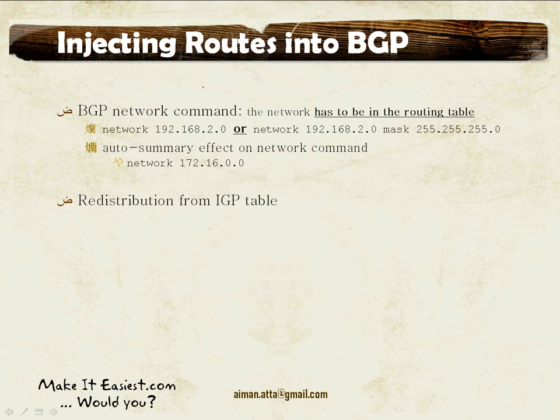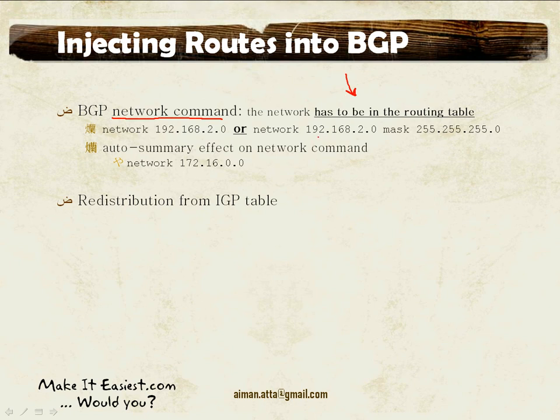So injecting routes into BGP, as we saw, could simply be done using the network command. But the network has to be in the routing table, otherwise BGP will advertise nothing.